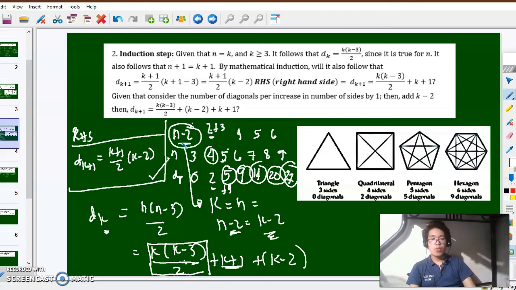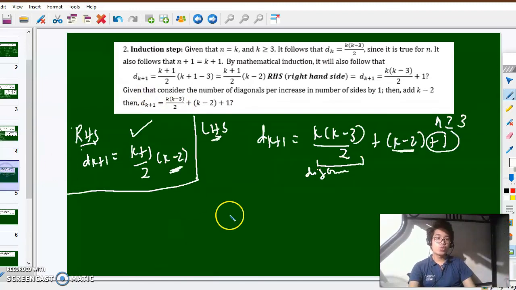For example, if you have a quadrilateral that has 4 sides, you need to add 2 to that to get the number of diagonals. So 0 plus 2, so there's 2 diagonals there. And then you need to add 5 minus 2, that's for the pentagon. 5 minus 2, you're going to get a 3, and 3 plus 2, you get a 5. So the pattern continues, and the pattern there is n minus 2.